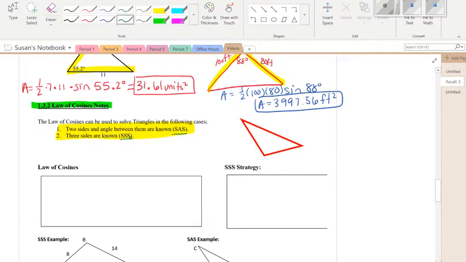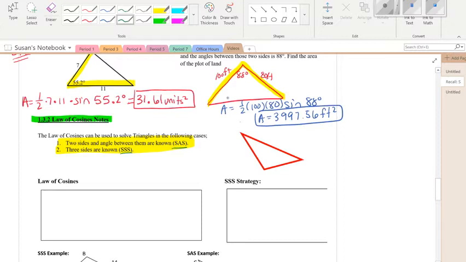So I'm going to label this triangle over here. So we have triangle ABC. So this would be A, little b, and little c. So for the law of cosines, if we're solving for side c, then c squared is equal to a squared plus b squared, but that's not completely true.